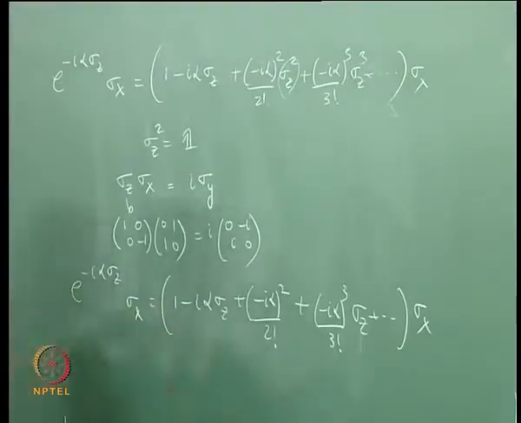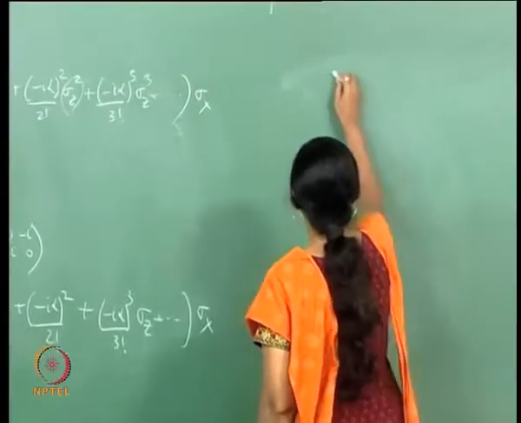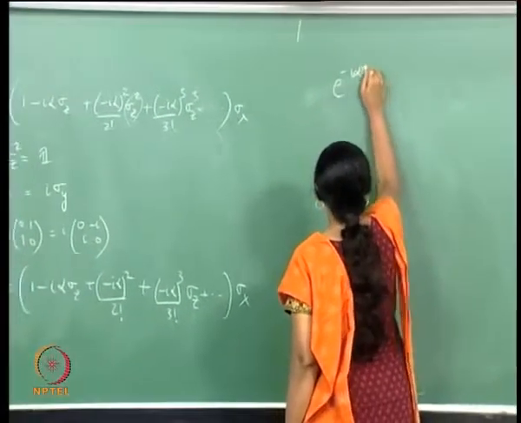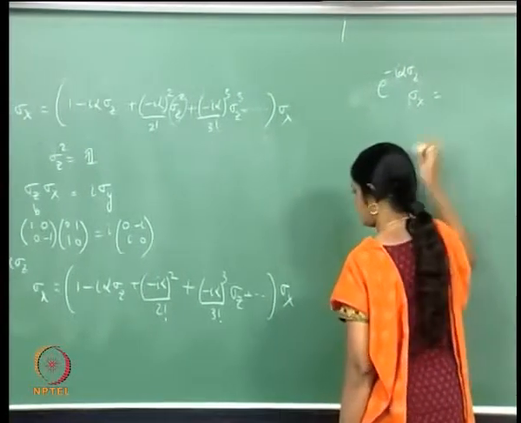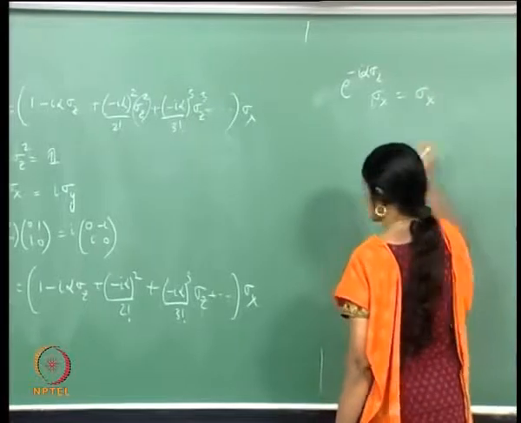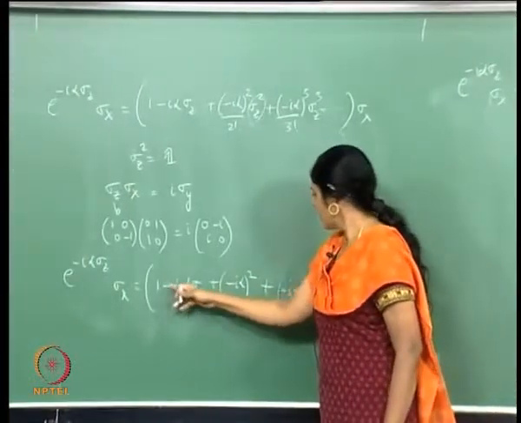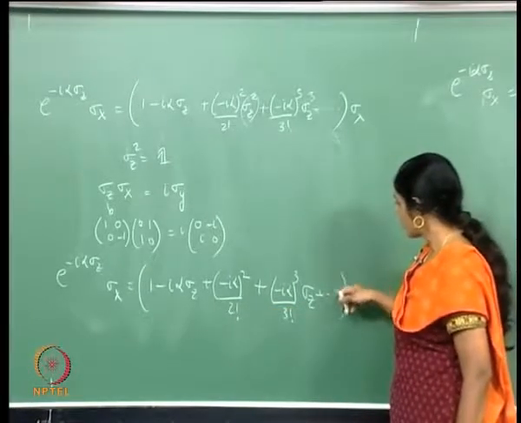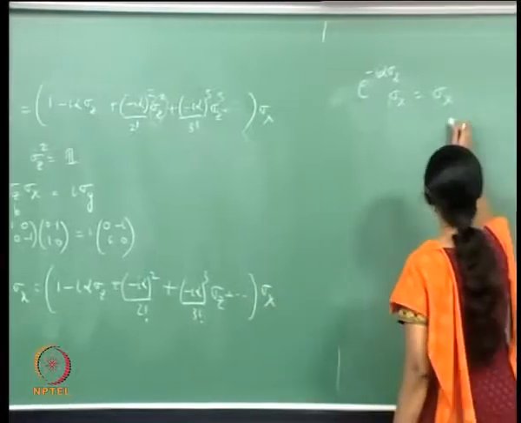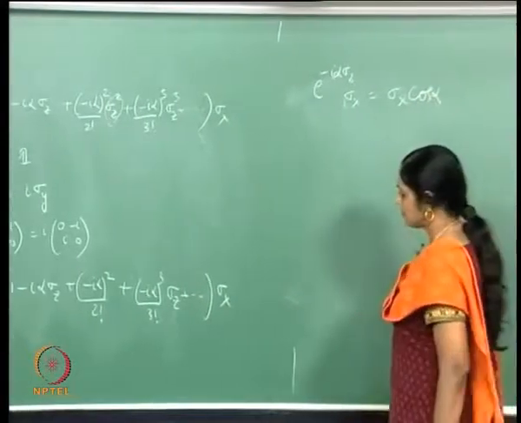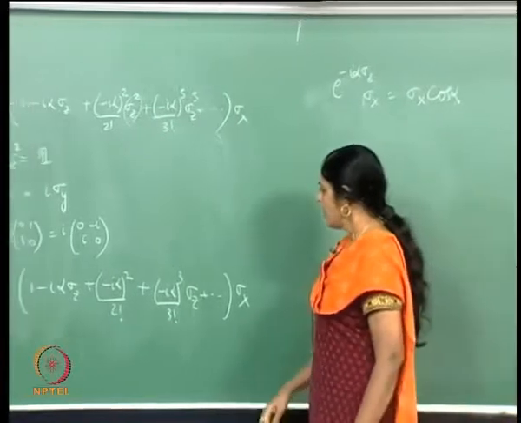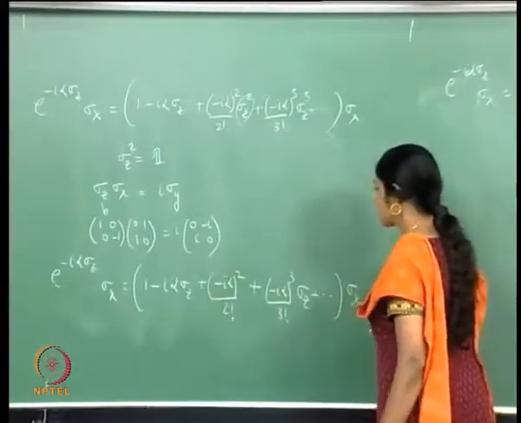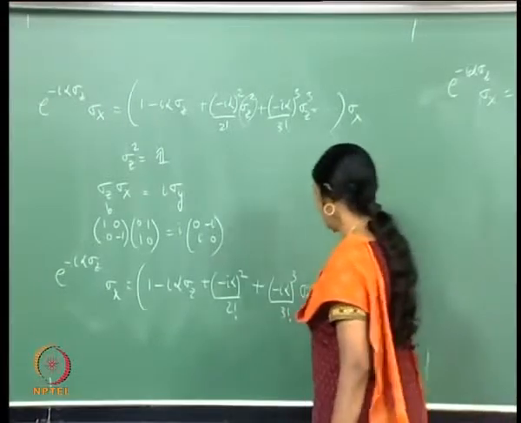Just looking at the first few terms is going to tell me what is going to happen, and I can now group terms suitably. So, this is equal to sigma x times 1 minus I alpha the whole squared by 2 factorial plus minus I alpha to the power of 4 by 4 factorial and so on, which is just cos alpha. And then I have sigma z sigma x, which is I sigma y.